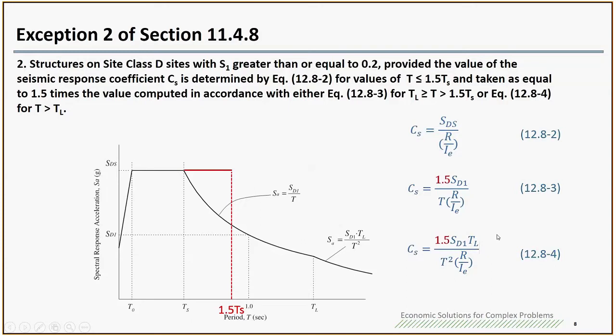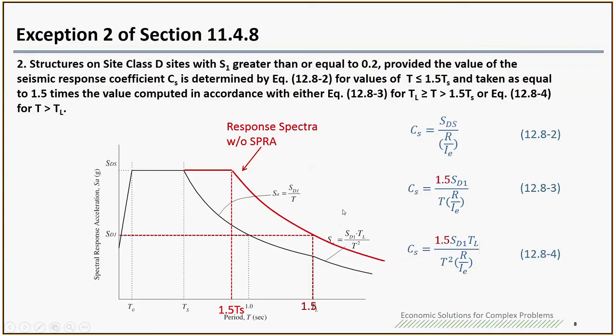So you are talking about this design response spectrum. For this part, the SD1 value is not for the period 1.0, actually it's for 1.5 now. So eventually you will construct a design spectrum like this if you use the exception 2.